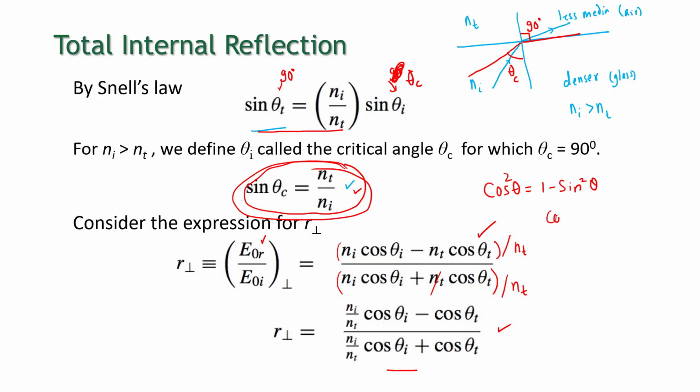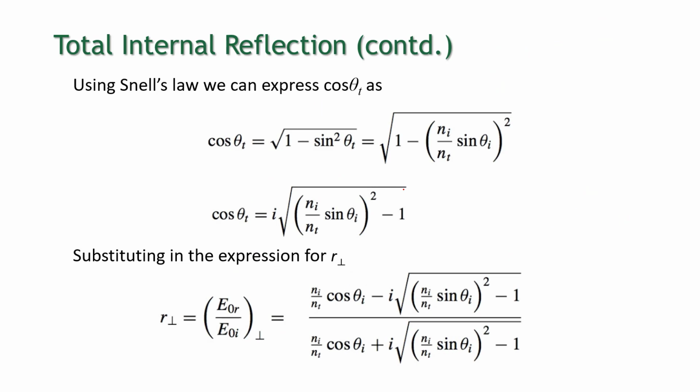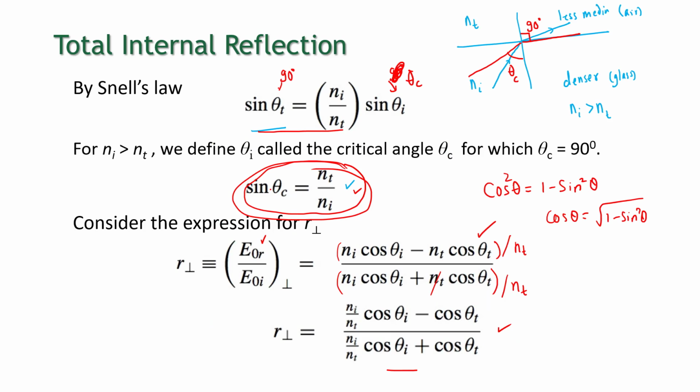That means I can write cosine theta is equal to the square root of 1 minus sine squared theta. So cosine of the transmitted angle theta t is equal to the square root of 1 minus sine squared theta of the transmission angle, and I have this here for sine theta c.